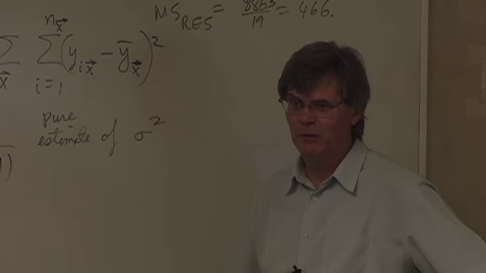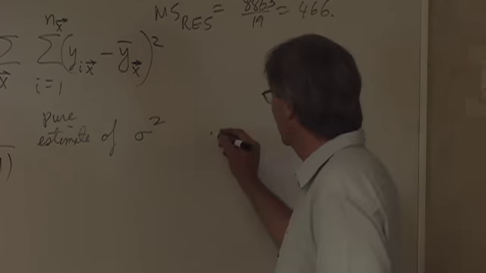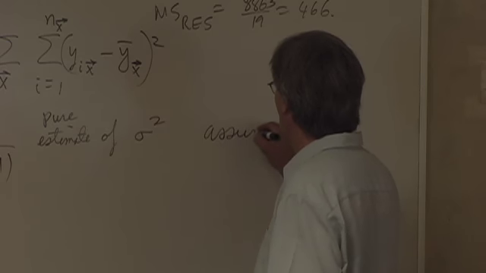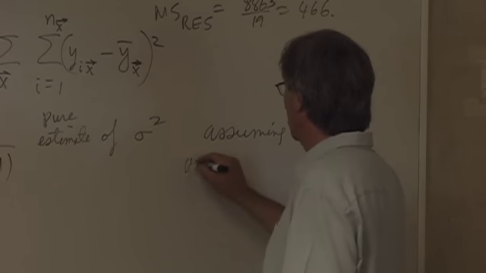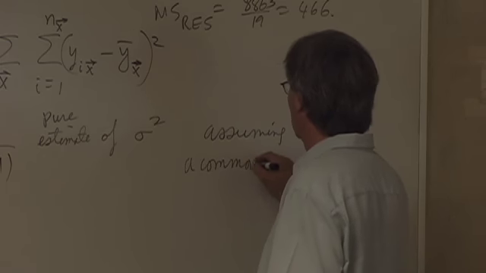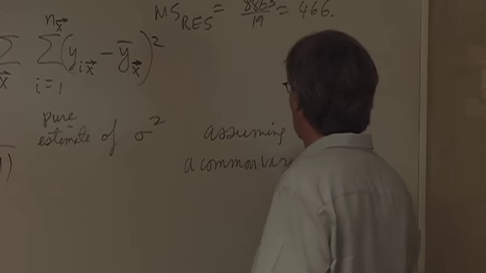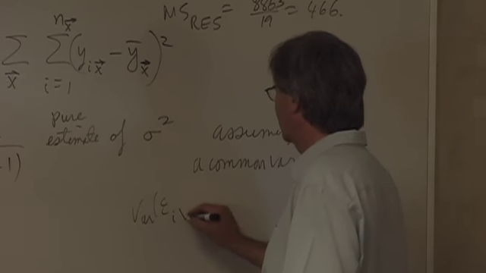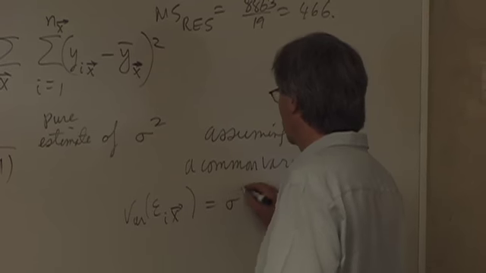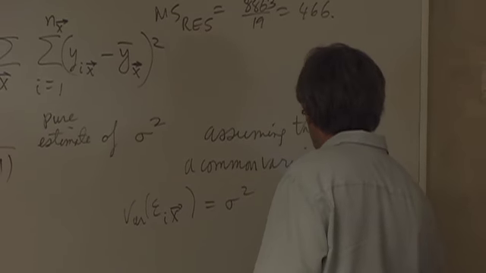Assuming the common variance holds, that is, variance of epsilon i x equals sigma squared for all i and for all x.